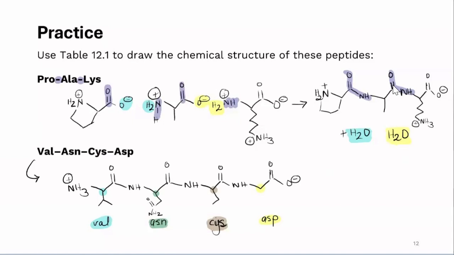Cysteine is a CH2 connected to SH. And then, lastly, we have aspartic acid. For aspartic acid, or aspartate, because remember that that means the same thing, then we have a CH2 connected to a C double bond O. And that's basically how we write a peptide.